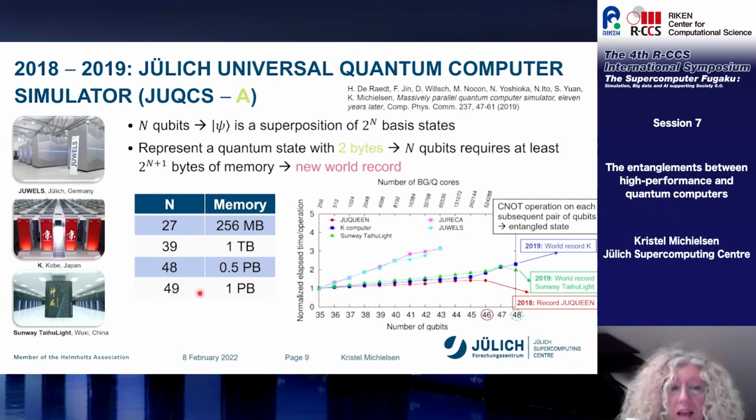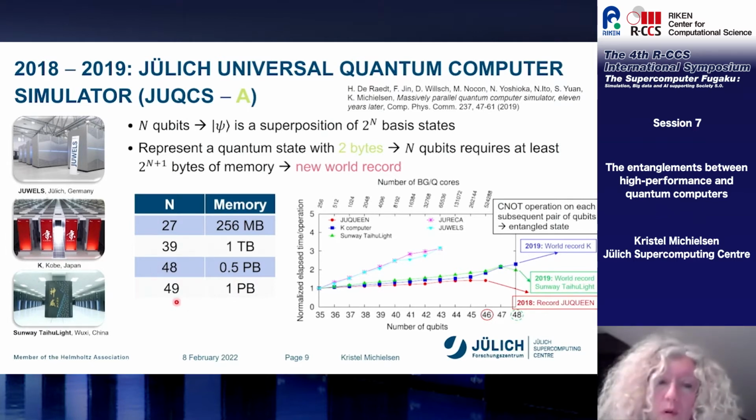So in that case, we could simulate, so to speak, 49 qubits if we would have had a memory of 1 petabyte. And here you see on the right that then we could simulate 48 qubits on the K computer and on the Sunway TaihuLight.